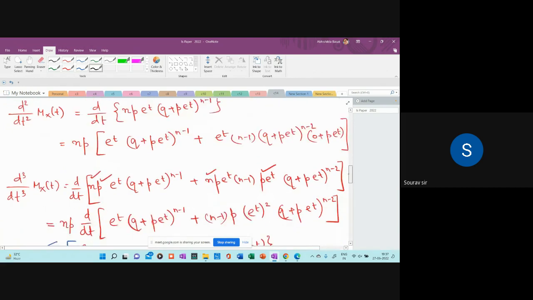The derivative is correct. For the second order derivative, it should give me npq plus n square p square. So let's check whether it is giving me this or not.